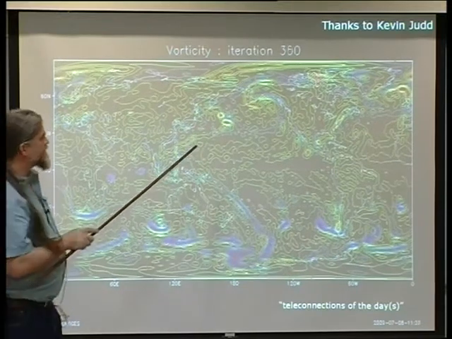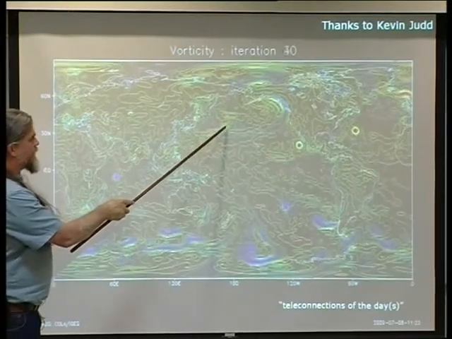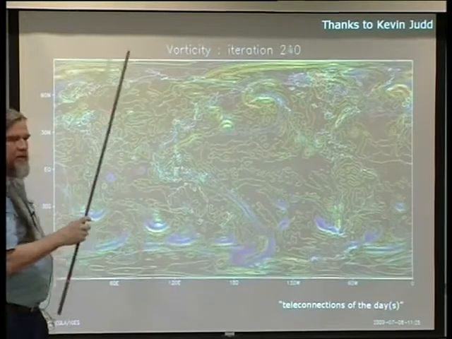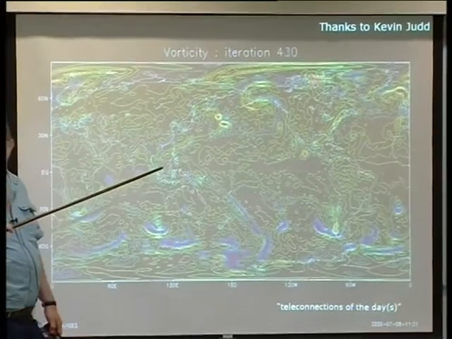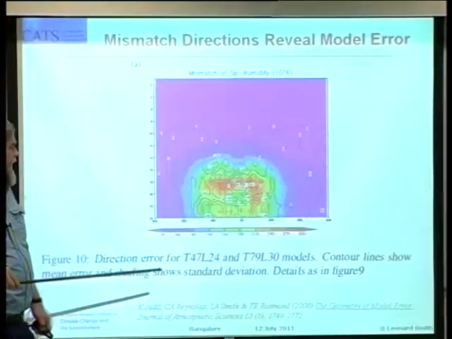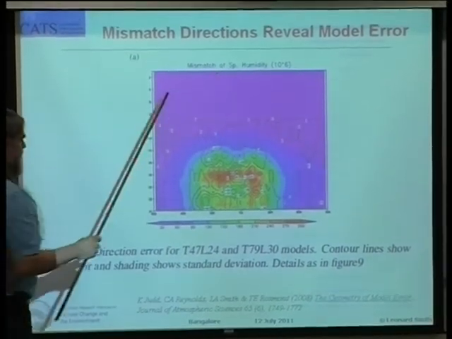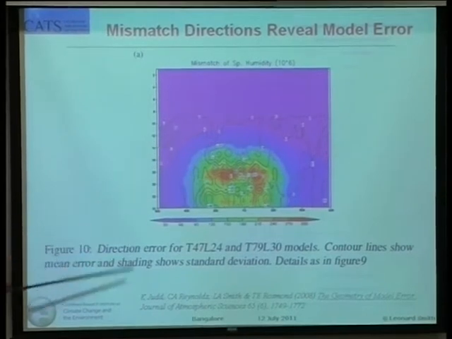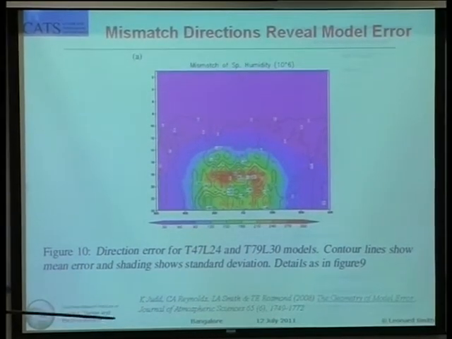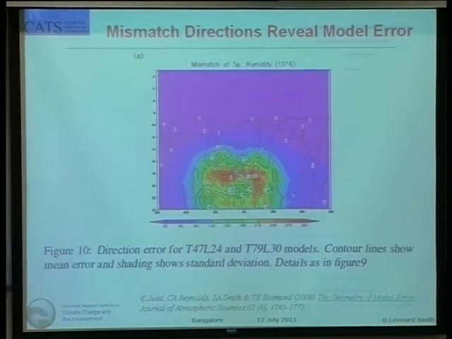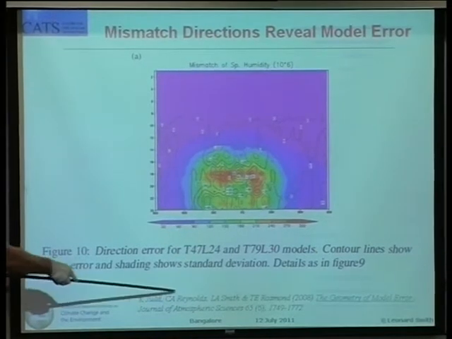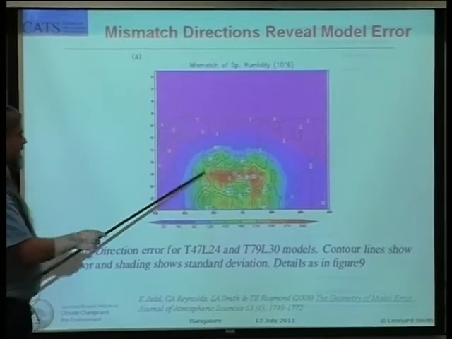Just see whether or not we actually are seeing real things, or if we're just seeing things in model land. But the other issue here is we can actually look at the perturbations that are left. I showed you the little perturbations that were left in the case of the IKEA map. This is a mismatch in specific humidity for T47L20 whatever, so for one of these two models. This is from the geometry of model error.